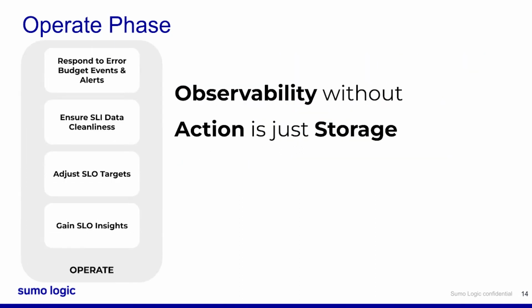The next phase here is the operate phase. Now, I kind of alluded to this a little bit earlier, but if you're just keeping all your observability data and you're not really doing anything with it, you're just storing it for some reason. If you're not creating actions, you're not actually alerting on it, you don't have people making decisions based upon that data, you're just storing it for the sake of it.